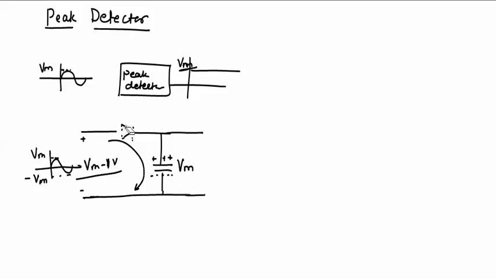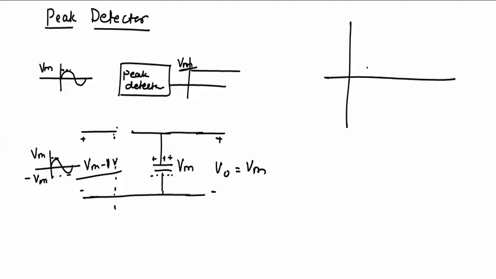The diode will be reverse biased and it will be replaced with an open circuit. When this diode is replaced with an open circuit, we can see that the input is disconnected from this circuit and the output is equal to constant Vm.